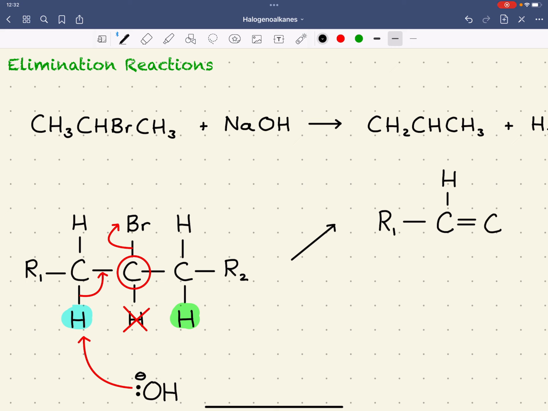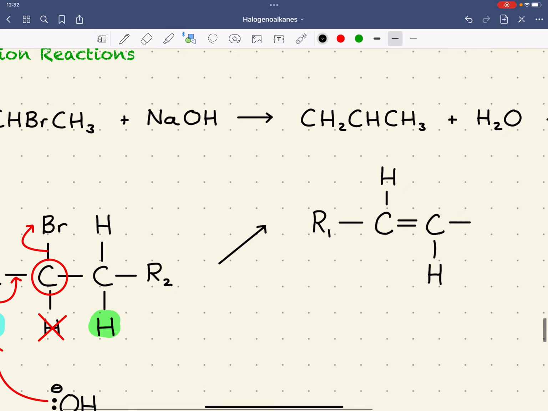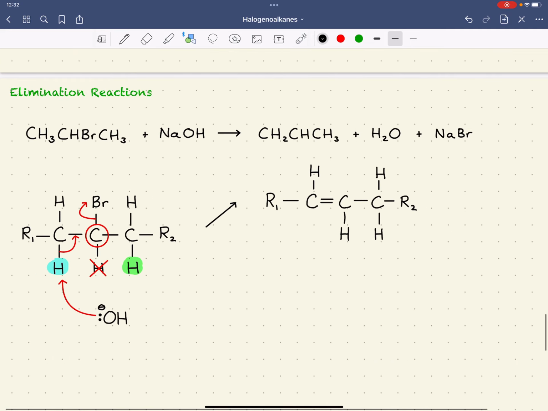With a carbon, we've still got this hydrogen down here. Remember, we don't remove the carbon bonded to Br, and we've still got this CH2 and the R2 group. So that's my first potential product.